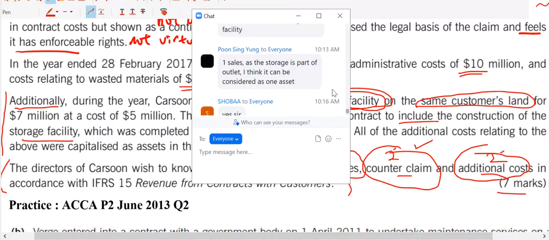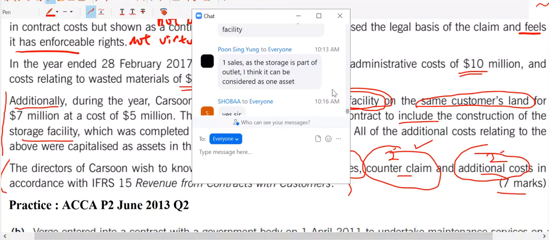Now, maybe to Karthik, you look at the question. Let's say you go to the December exam and you see a similar question, but now the modification is they're going to introduce a new construction, a new asset on a different land and of a different nature. What is a different nature? The original contract is to construct a vehicle outlet. The modification is to construct a head office.